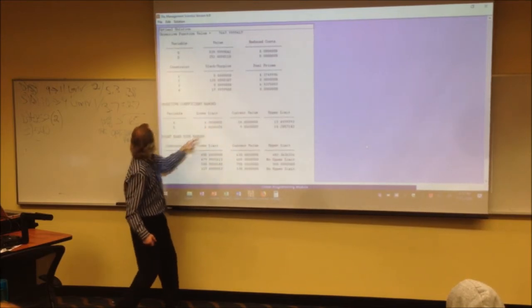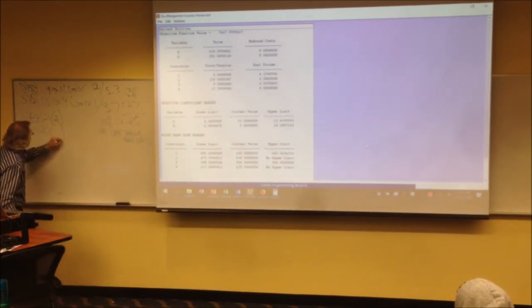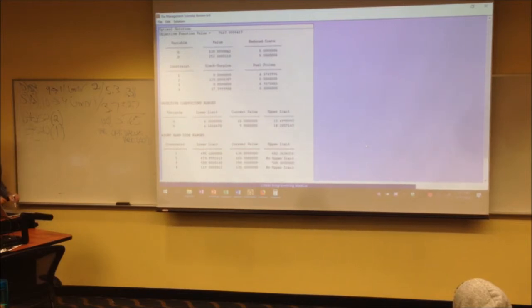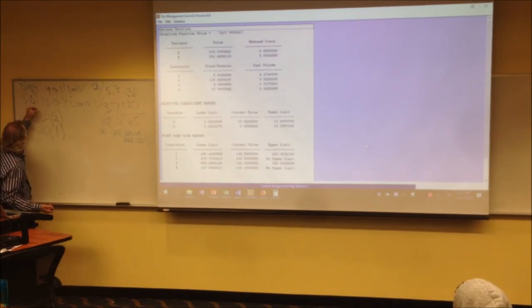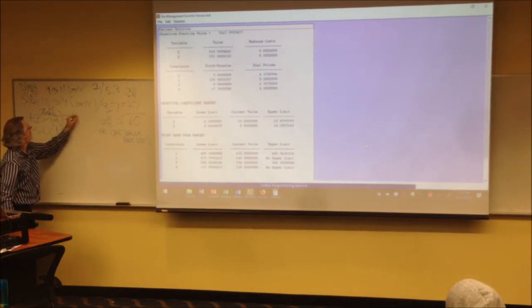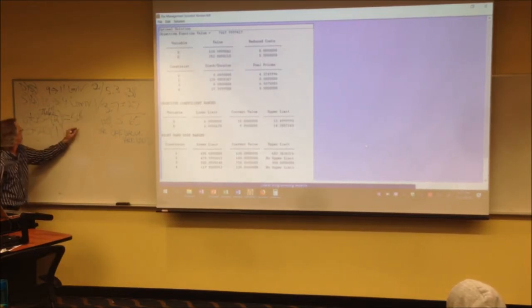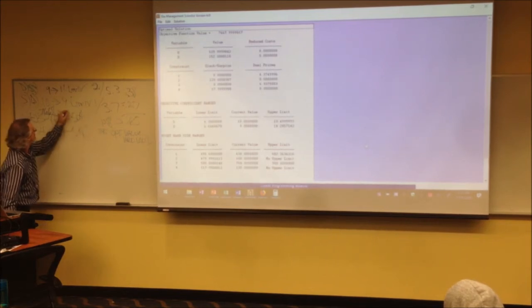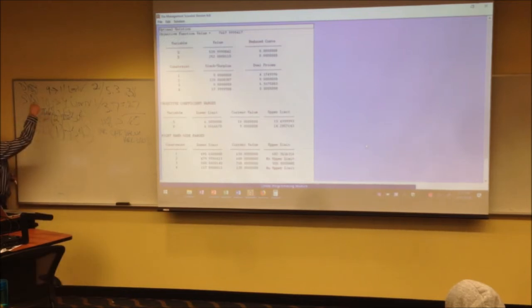It's decreasing by 1 unit, so 1 unit minus, because it's decreasing. The current one is 7668. I'm adding 2 times 252, which is 504, and subtracting 540.